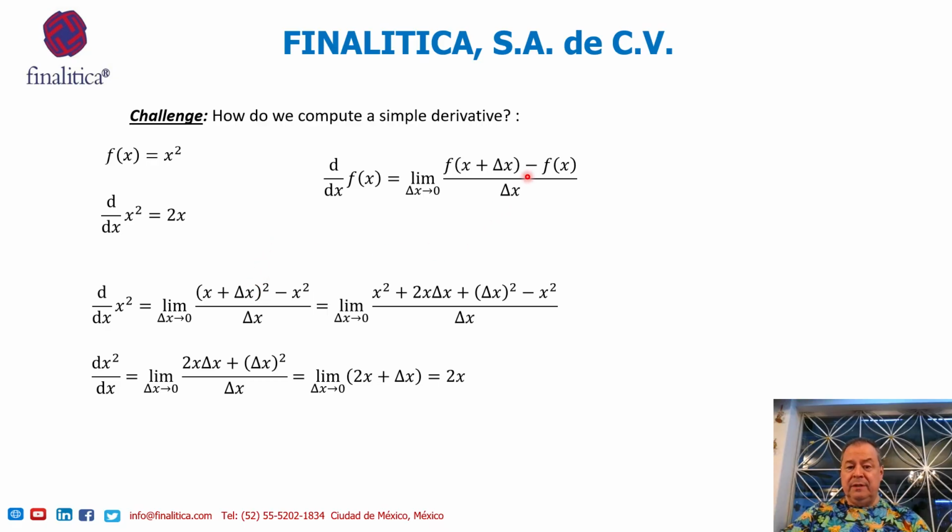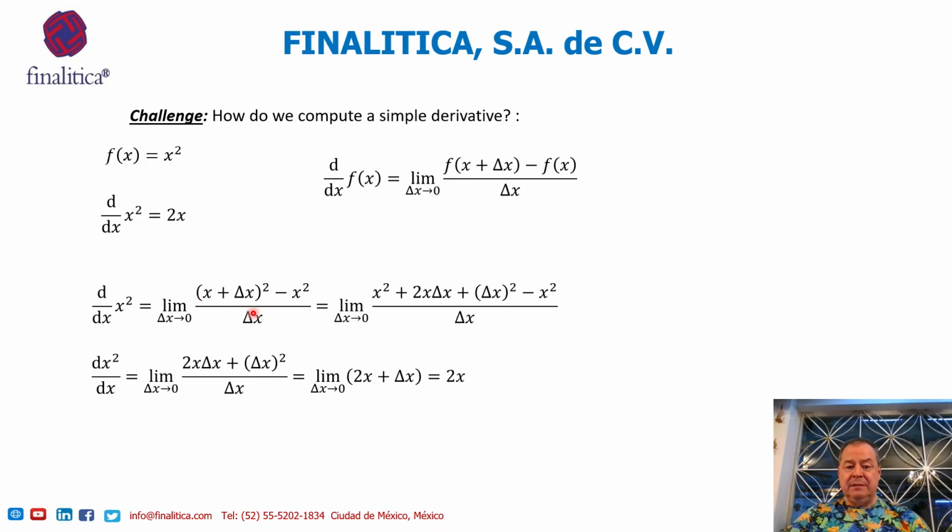Let's go back to the definition. We take the original function x squared and we add a small increment in x. That's what we are doing here. And then we subtract the original function and we divide all this by the increment in x.